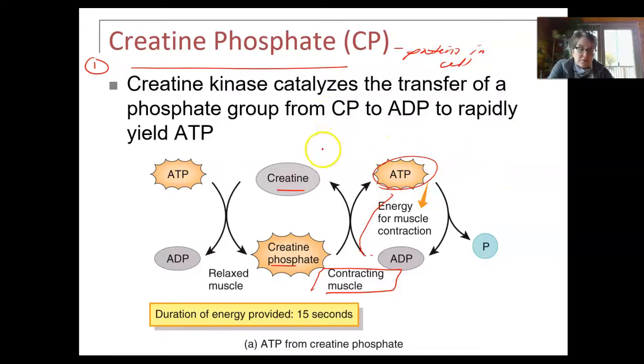So the first source of ATP that is quick and readily accessible is creatine phosphate. That's going to get you through 15 seconds. If you're only doing something for less than 15 seconds, you're good. You'll use your available creatine phosphate that's in the cell.